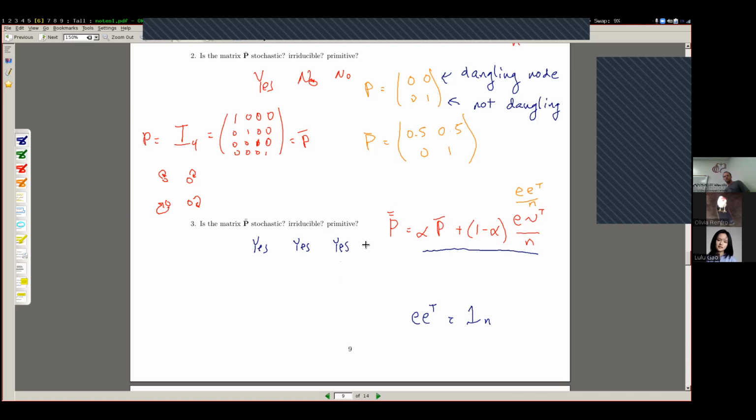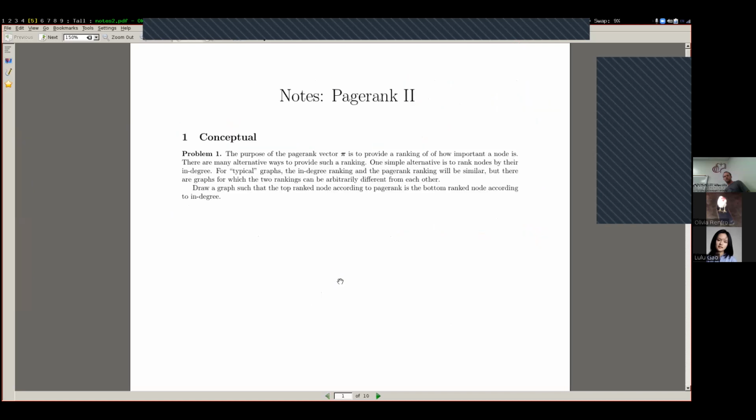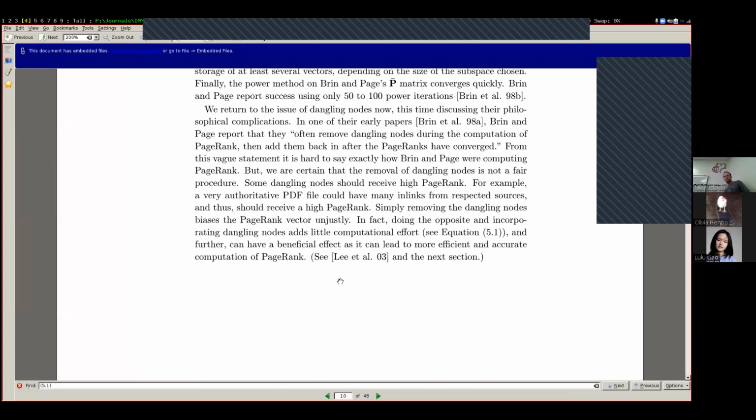I think it's theorem 5.1 that shows us that it is in fact primitive, because theorem 5.1 tells us what all of the eigenvalues of the matrix are. Let's go ahead and take a look at that. We have time.